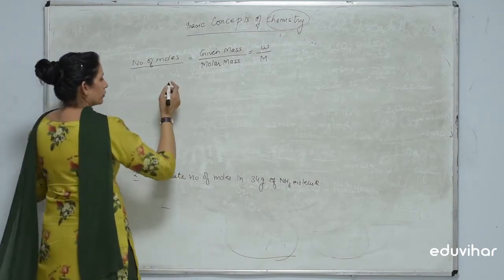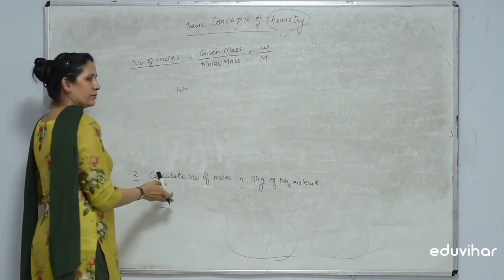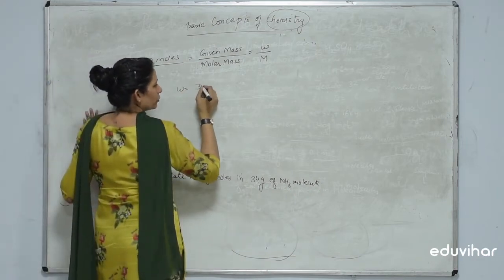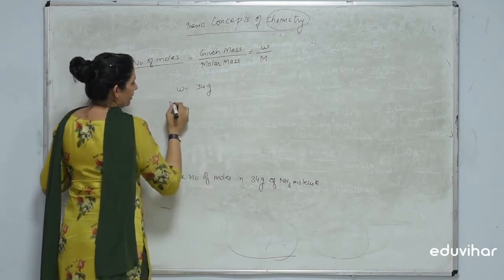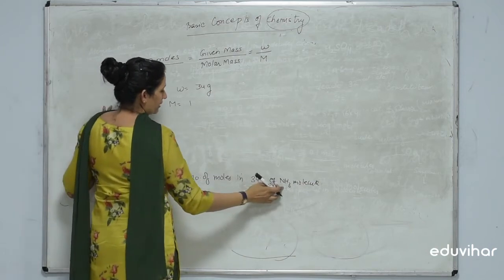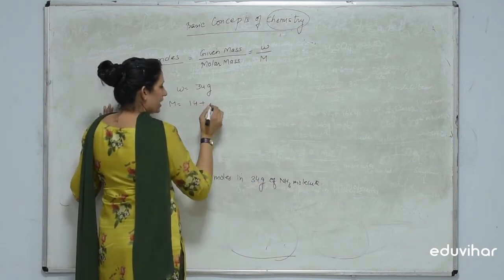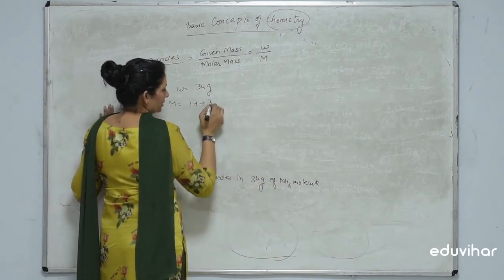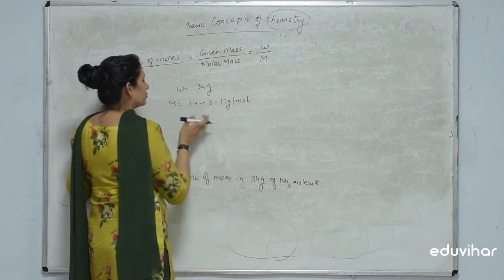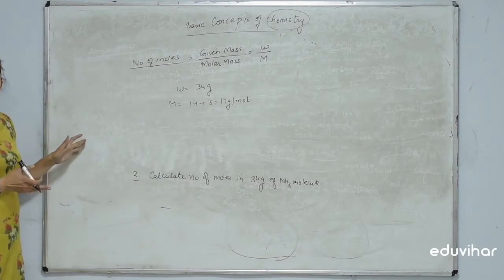In this numerical, the given mass W is 34. The molar mass M: nitrogen has atomic mass 14, each hydrogen has 1, and we have 3 hydrogen, so 17 gram per mole is the molar mass of ammonia.